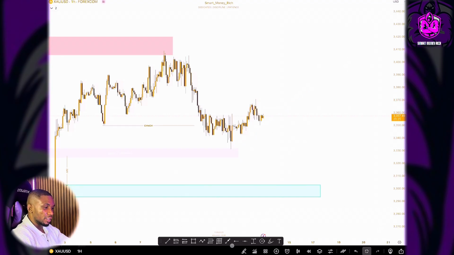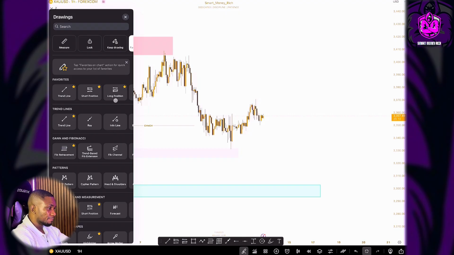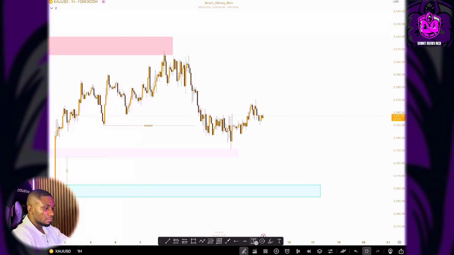What you can use is this tool right here. You see this tool, you just pick it. It's called price range, I think. So let me go down to the toolbox so you guys can actually see what the name is. So come to my favorite. This is a price range. So in this price range, you just want to use the price range from this level all the way to this high.